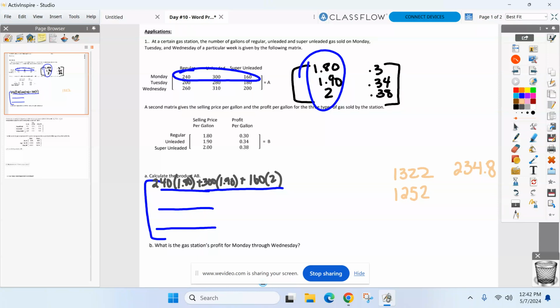Spot 2-2, you ready? Row 2, column 2, 223.6.